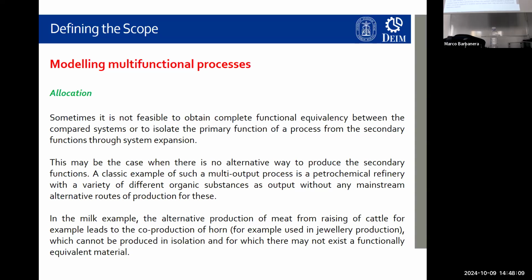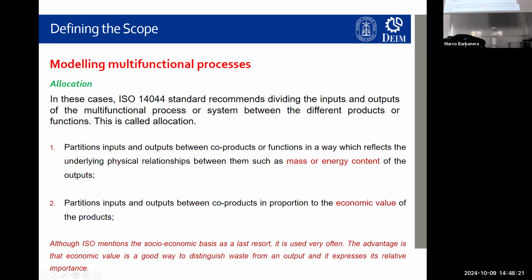Now we'll see how this kind of procedure could be applied in the LCIA. The application is quite easy, and in particular, it is easier than the system expansion approach. We can consider an example to explain the allocation procedure.